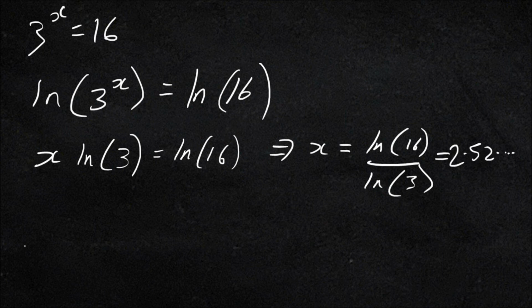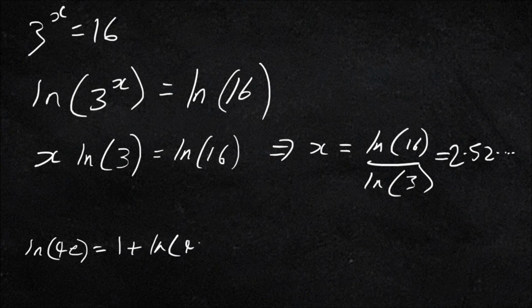Log laws are also useful if you see something like ln of 4e equals 1 plus ln 4. This makes sense because if you're timesing two values here, this is the equivalent of adding. So this could be ln of 4 plus ln e.